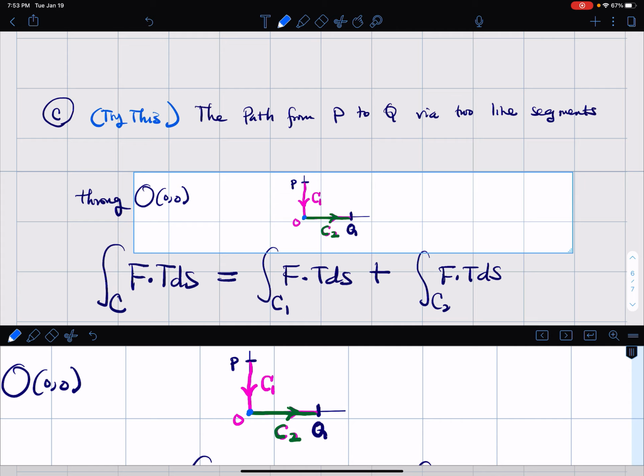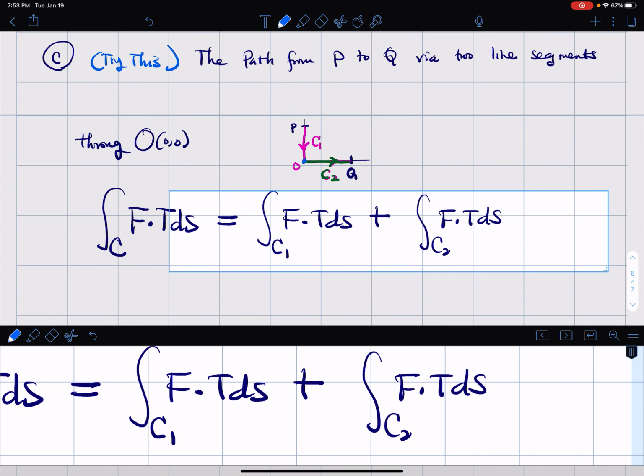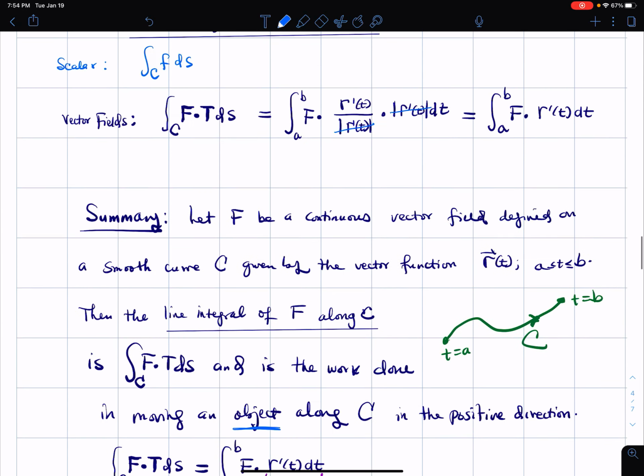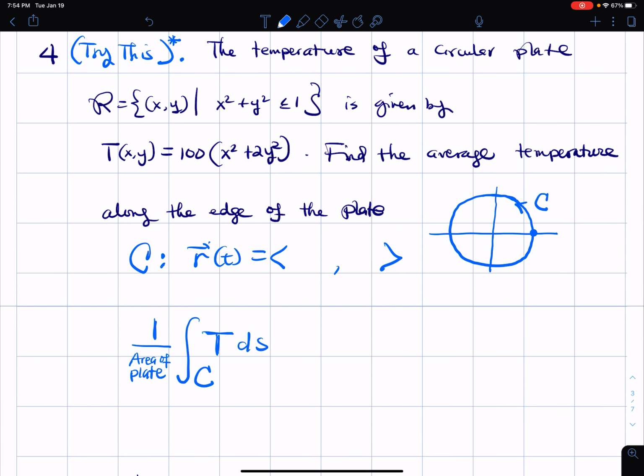It has to be smooth. So that's why you're doing it separately, breaking it up into two line integrals. That is all I want you to try, and we're going to see each other in class.